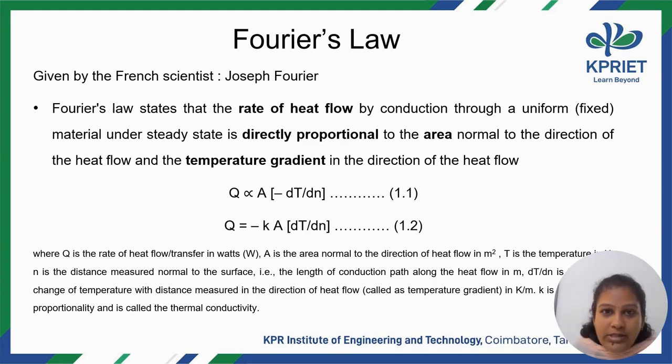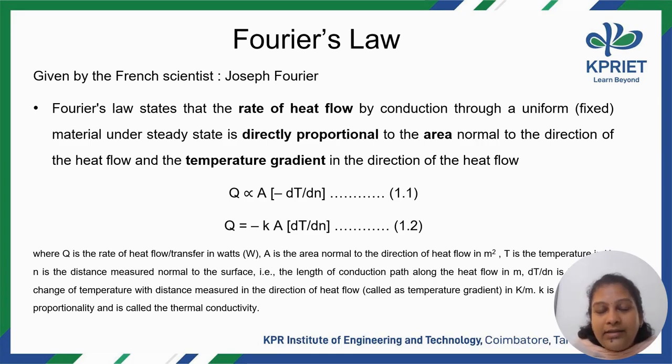Considering these assumptions of unidirectional and steady state, a French scientist called Joseph Fourier came up with a law called Fourier's law. This law is applicable only for heat transfer, that is conduction, in solids. Let us go into the law.